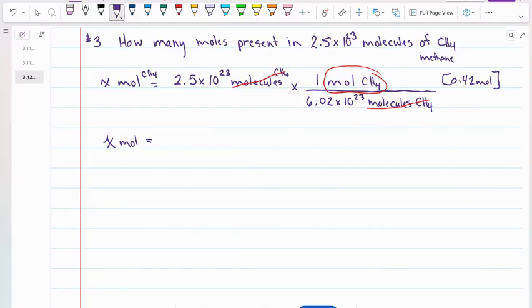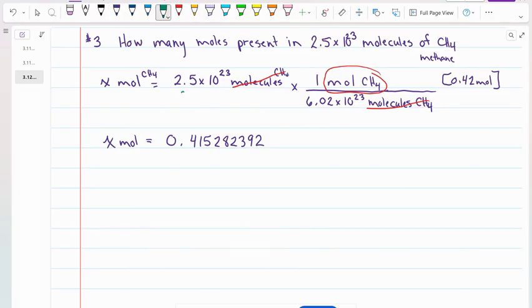You could, but you can just put in the divided by 6.02 to the exponent 23 equals, and I have 0.415282392. Okay, that's a lot of significant figures. But remember, write them all down because then we can use them to round.